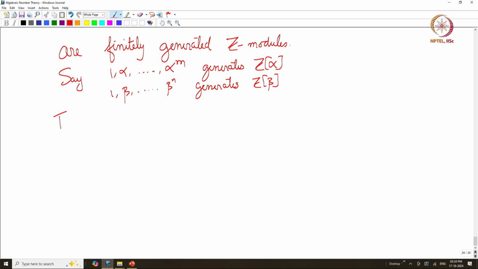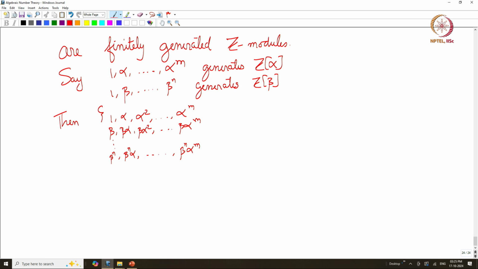Then it is clear that 1, alpha, alpha squared up to alpha to the m, beta, beta alpha, beta alpha squared up to beta alpha to the m, and so on up to beta to the n, beta to the n alpha, and so on up to beta to the n alpha to the m.